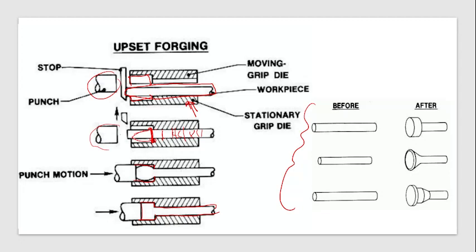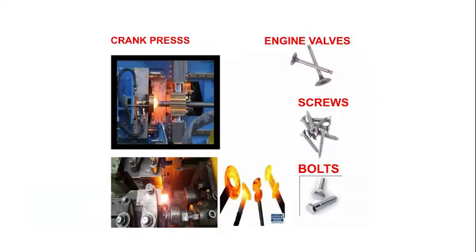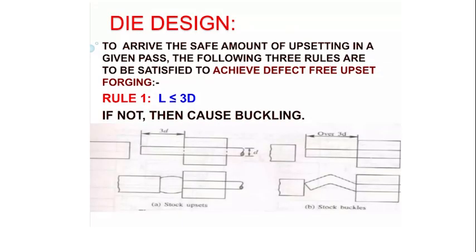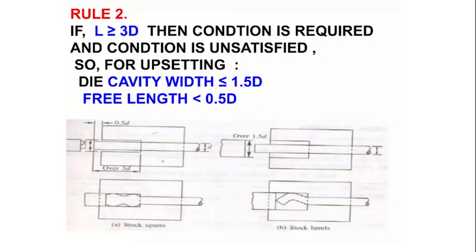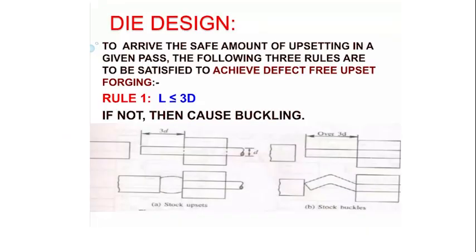So for that, we do die designing. There are things like cranks, screws, bolts, engine valves that we make by upsetting or upset forging.